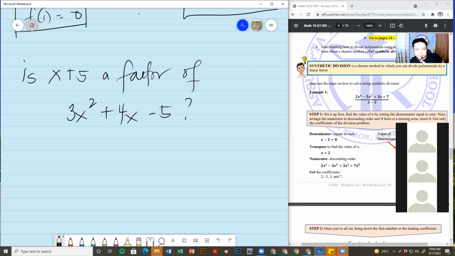Go. Is x plus 5 a factor of 3x squared plus 4x minus 5? If it's a yes, you type yes if it's a factor. And if it's a no, you write the remainder. Go. I'll wait for your answers in the chat box.